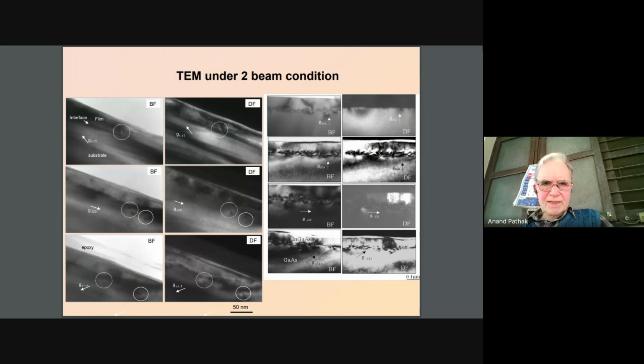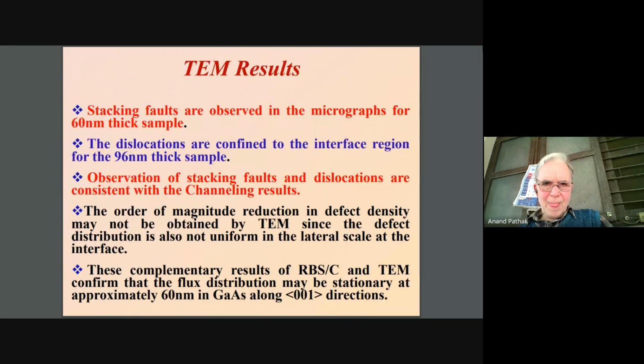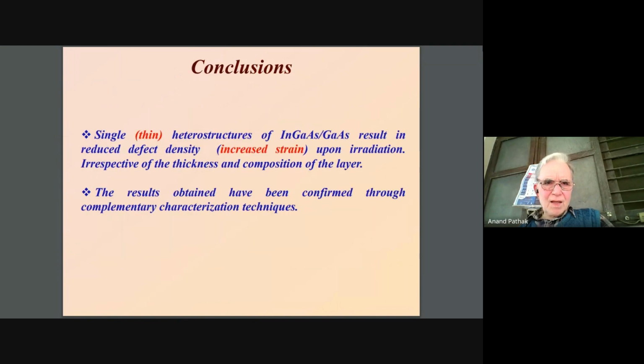The same thing comes with TEM. TEM results show that stacking faults are observed. So for thin heterostructures, the result is reduced defect density and increased strain upon irradiation.